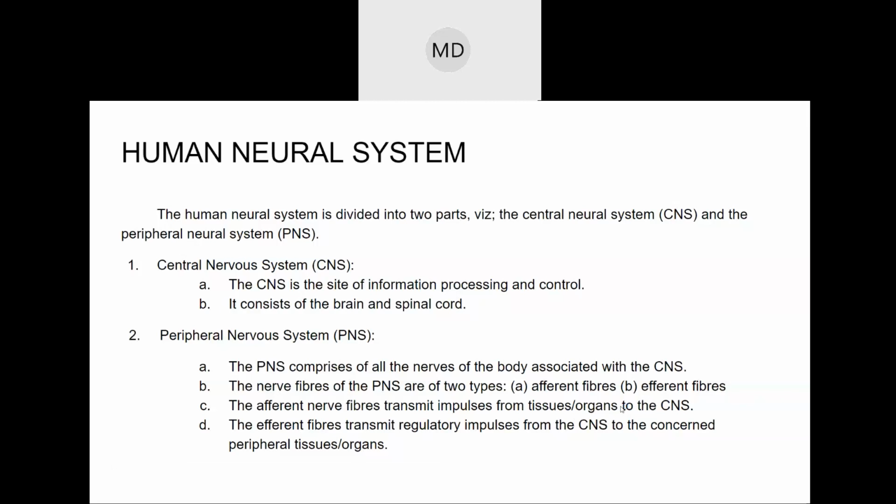Sorry, efferent fibers. So afferent fibers carry impulses from tissues and organs to the CNS, that is brain and spinal cord, and the efferent fibers carry signals from the CNS to the tissues and organs. Is this portion clear?